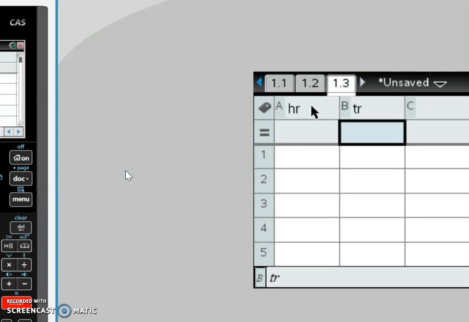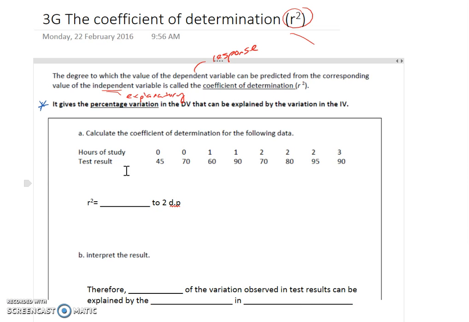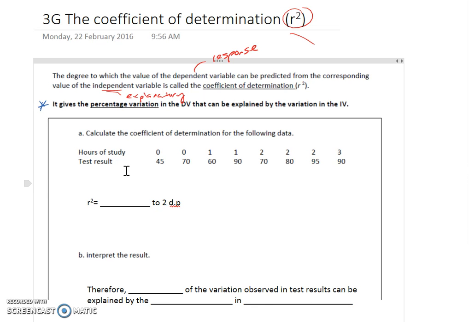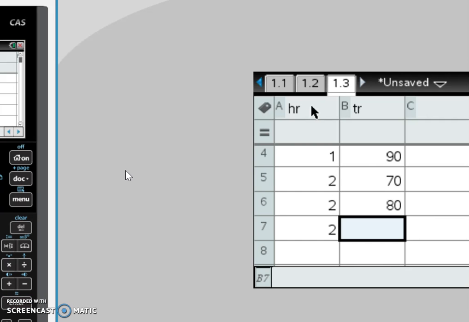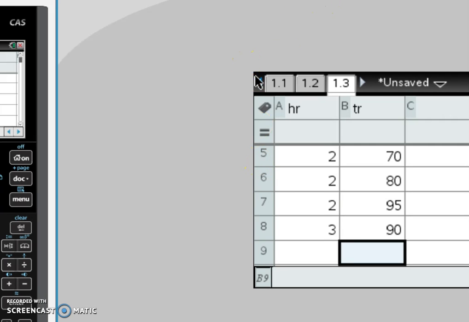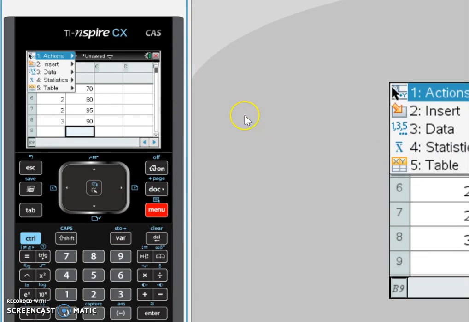So test result, and we go 0, 45, 0, 70, 1, 60, 1, 90, 2, 70, 2, 80, 2, 95, and 3, 90.